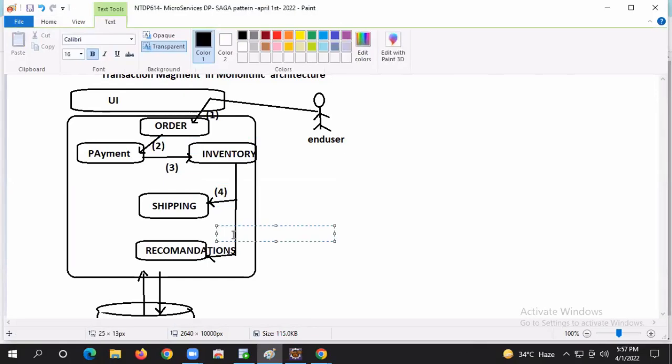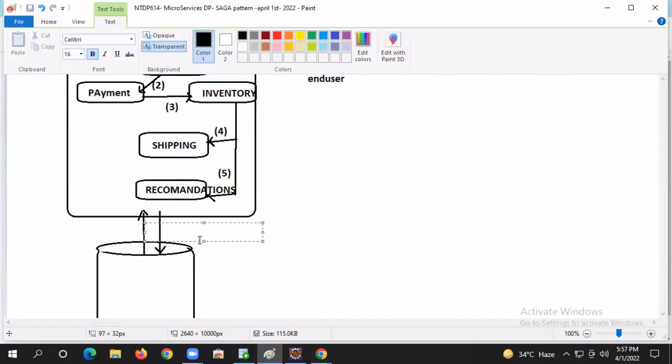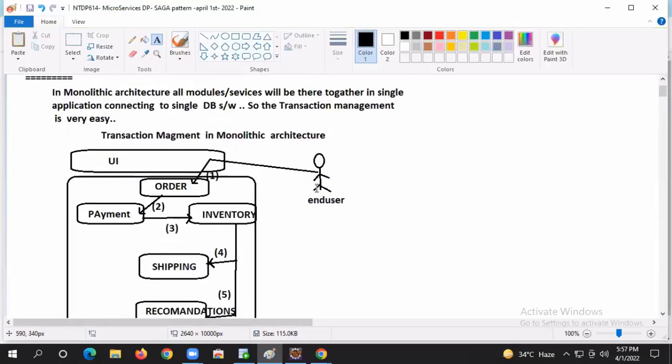Showing the recommendation is number five. And all these activities will happen on the database software. That is number six, guys. Are you with me, guys? This is my UI. UI means user interface.